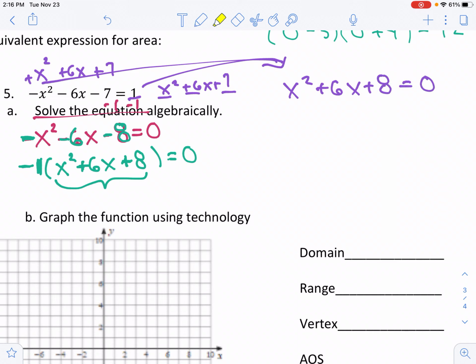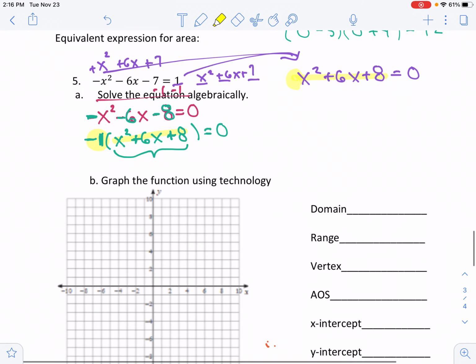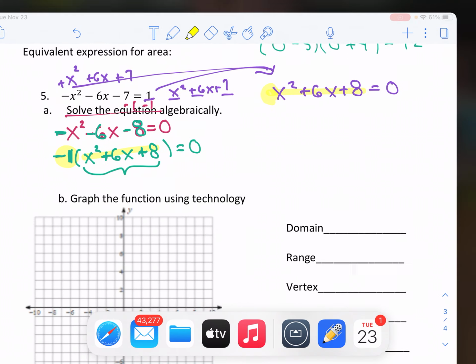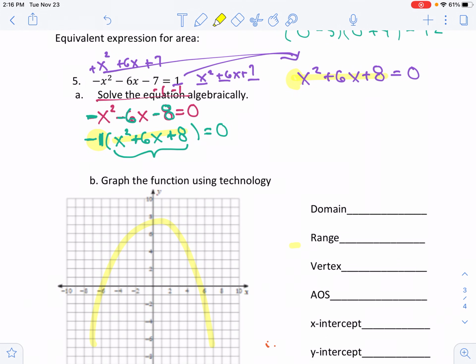So notice we get this part the same, but this one would have opened down, and this one will open up. That's okay. They're still going to cross the x-axis at the same spot. It's just one's going to open down and one's going to open up. And since all we're worried about is where it crosses the x-axis, it doesn't matter.